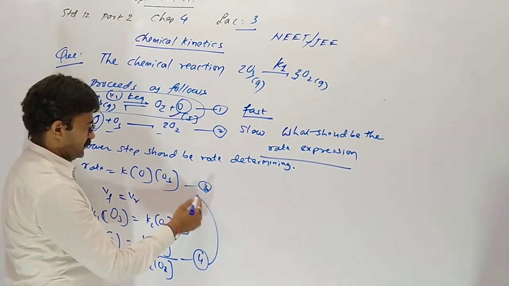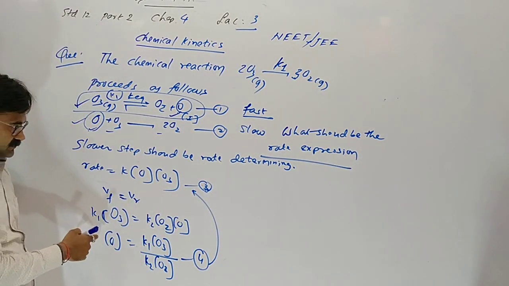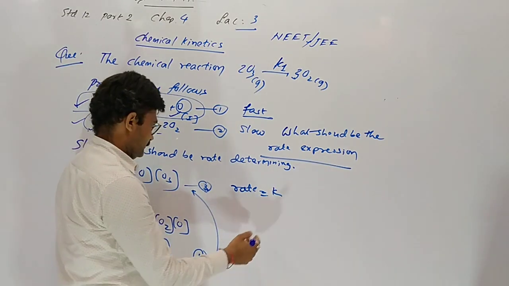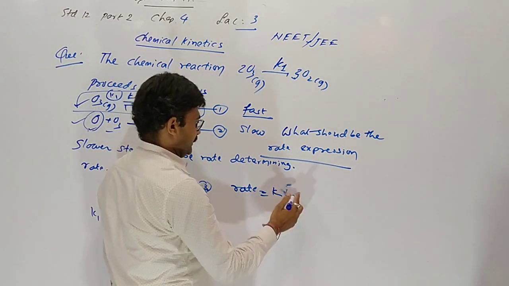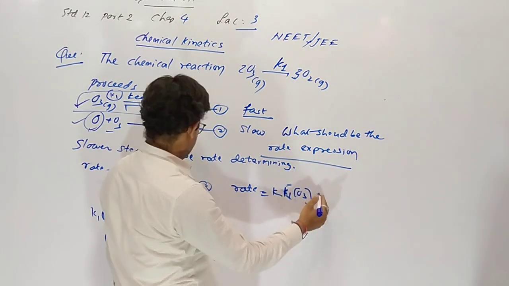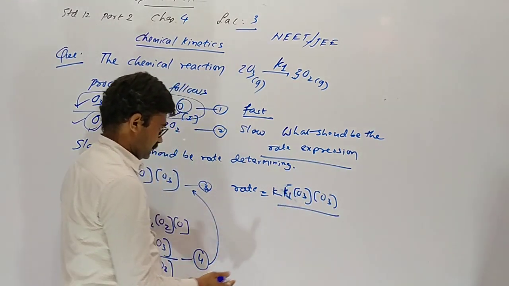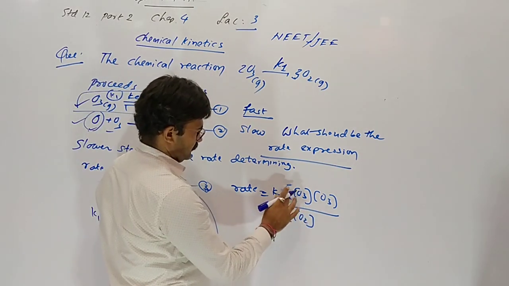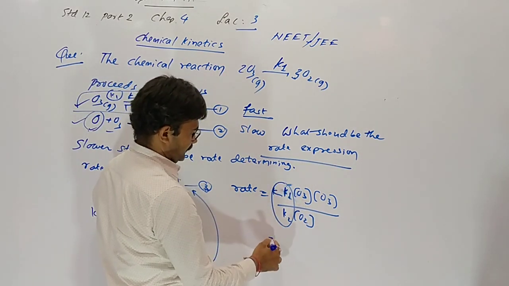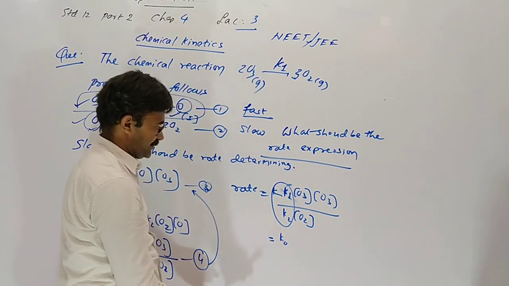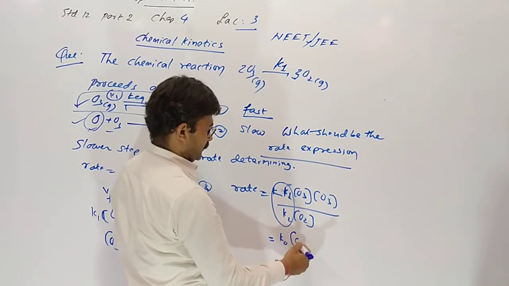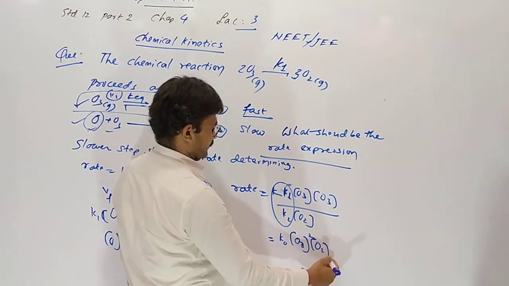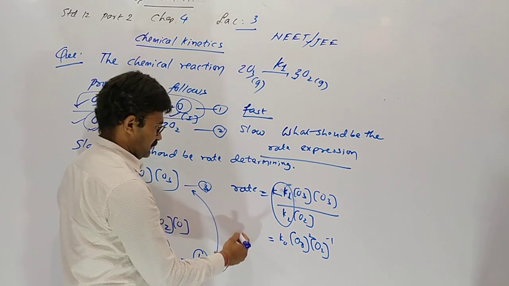Put down this value of O into the third. So rate equal to K, here K1 into O3 into O3 upon K2 into O2. All three K means constant K0. O3 comes 2 times, so square of it; O2 comes here, so it will be -1.